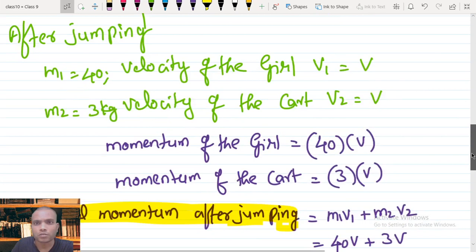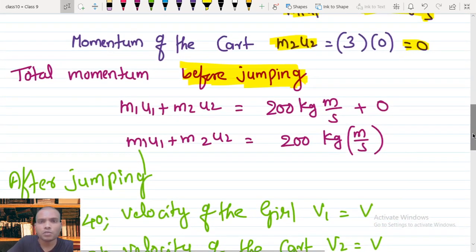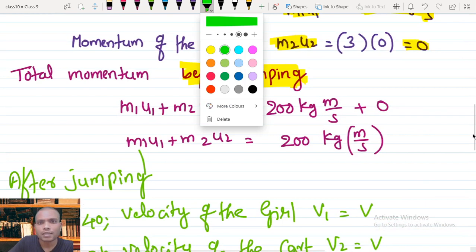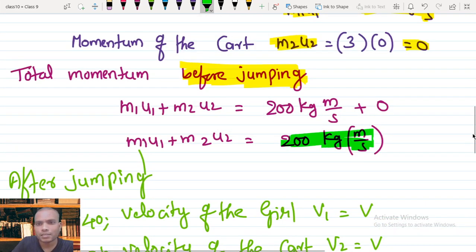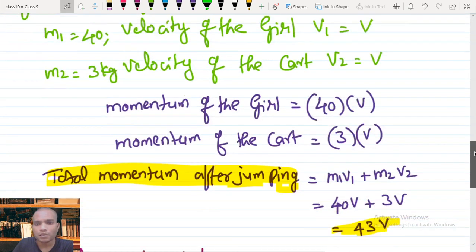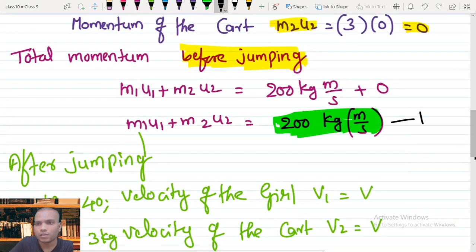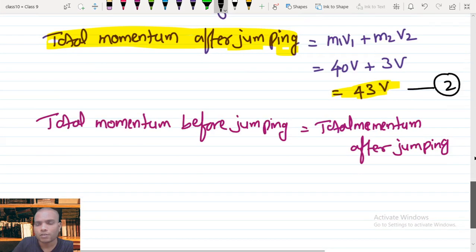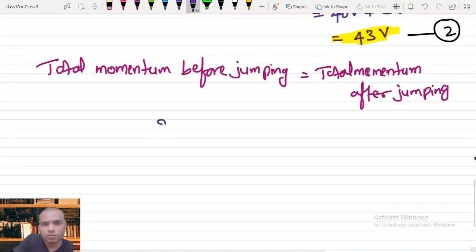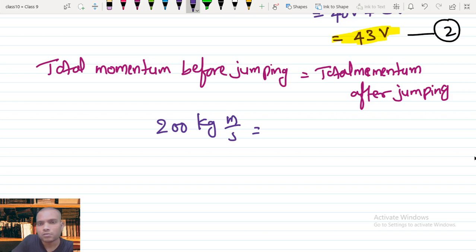Now we have the two values. The total momentum before jumping we got as 200 kg meter per second, and the total momentum after jumping we got as 43 v. Let me call this equation 1 and this equation 2. So equating 1 and 2, 200 kg meter per second is equal to 43 times v.